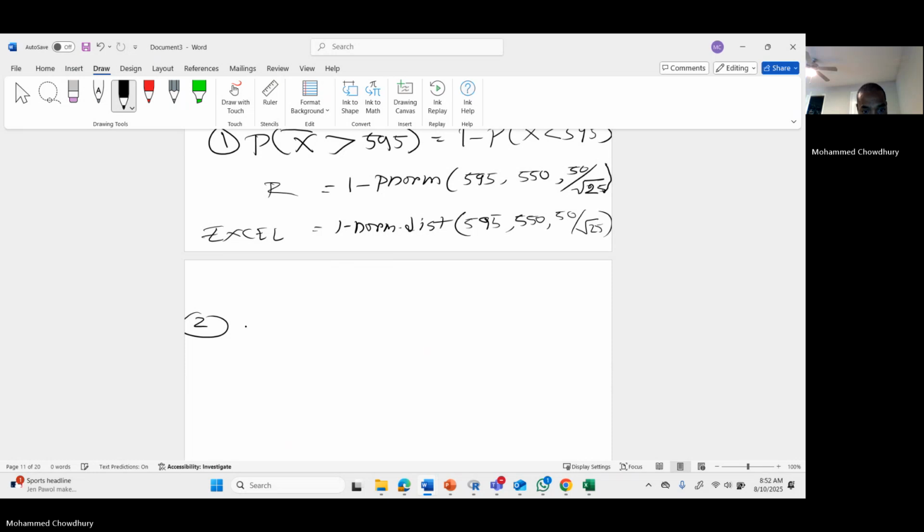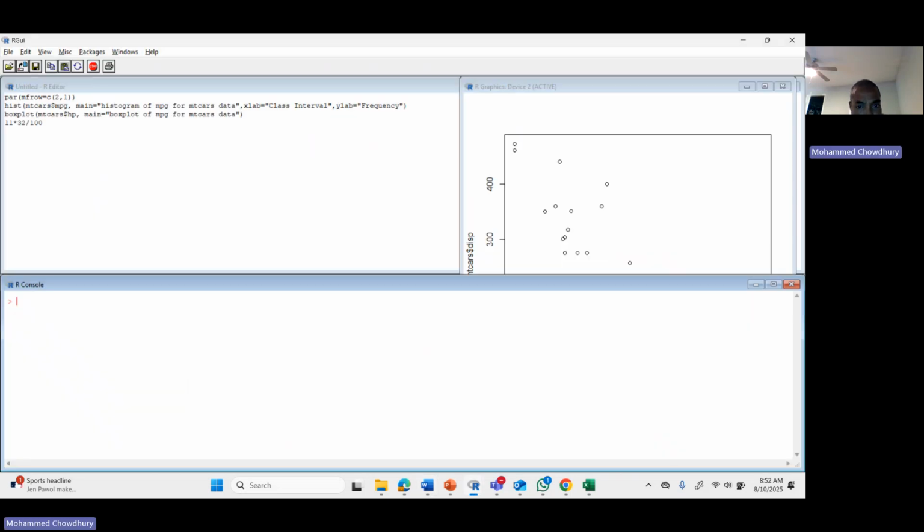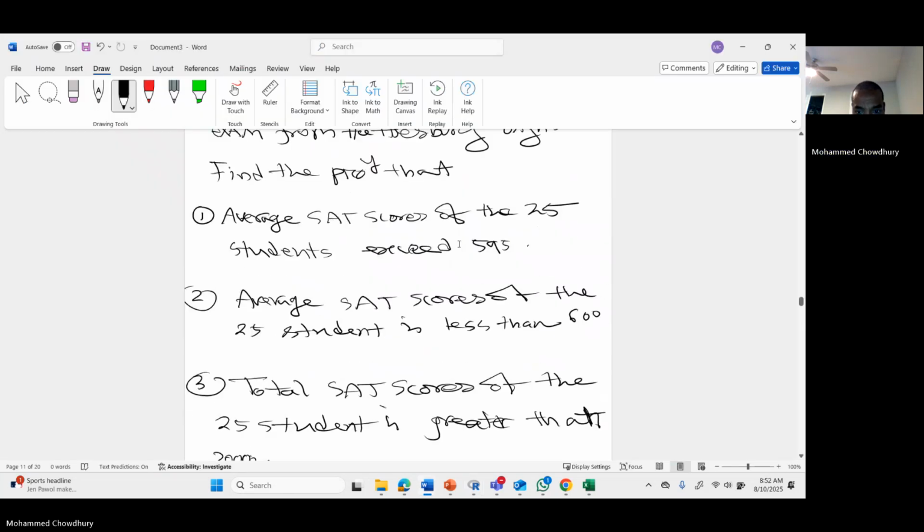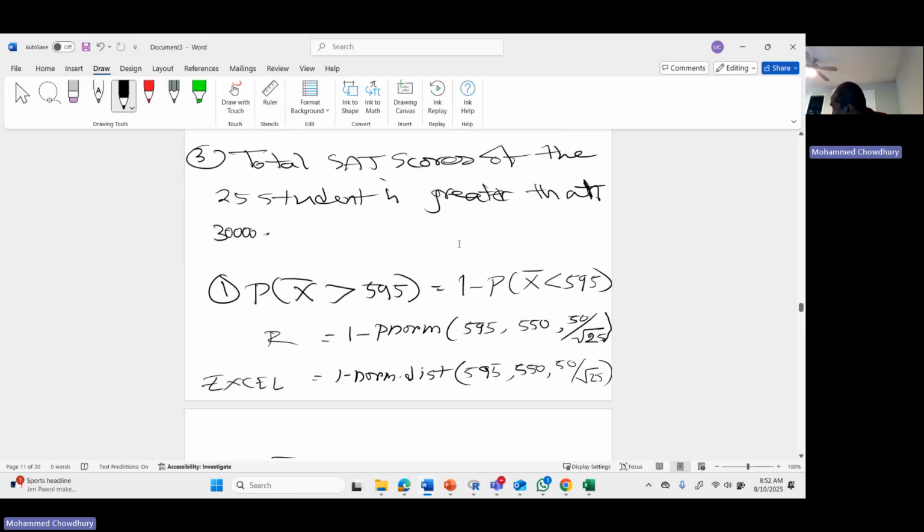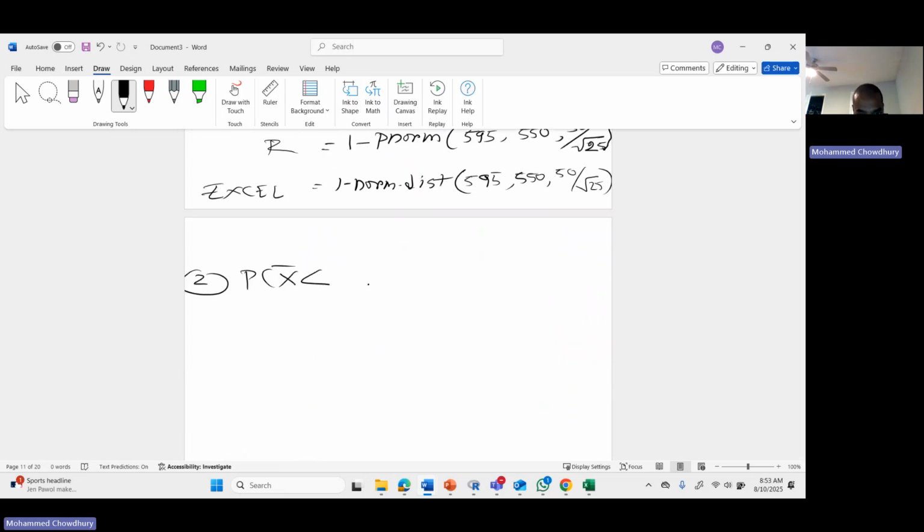Number two: x bar less than 600, which you can do with pnorm of 600, 550, and 50 over the square root of 25.